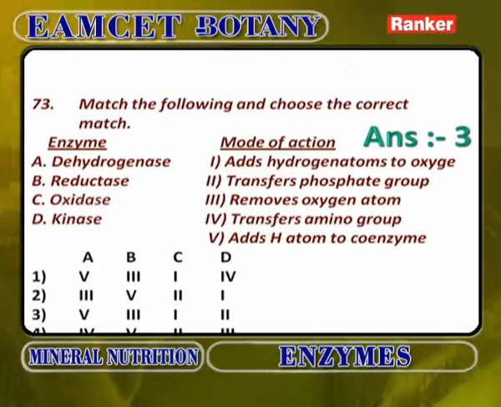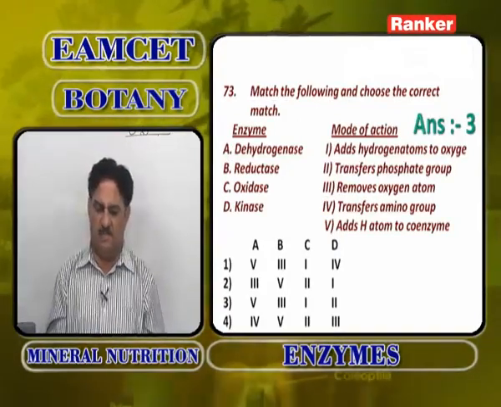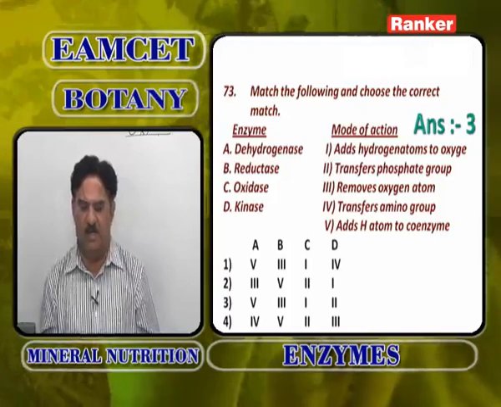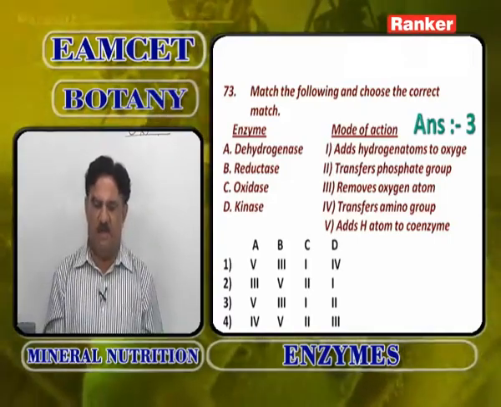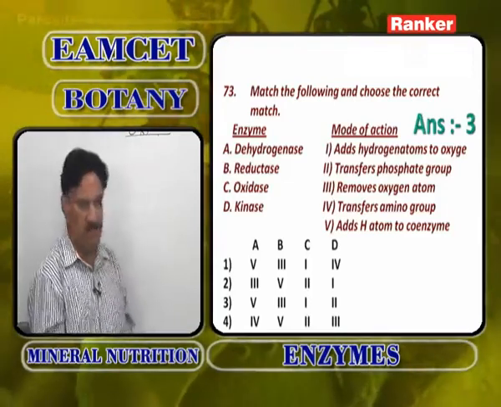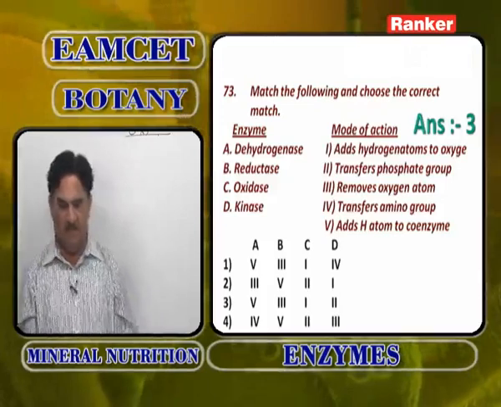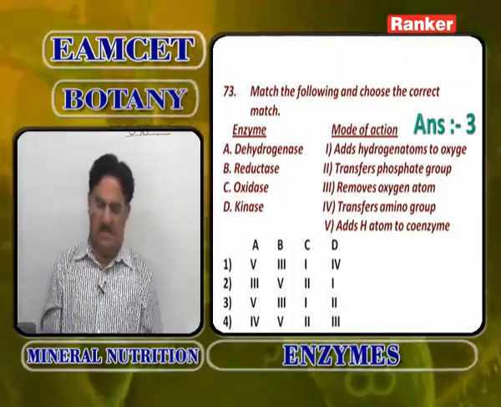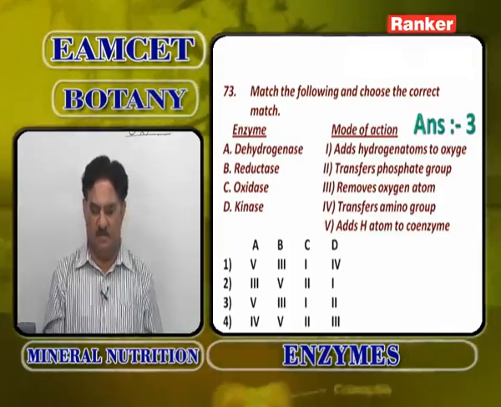Dehydrogenases, reductases, oxidases, kinases. Add hydrogen atoms to oxygen, transfer phosphate groups, remove oxygen atom, transfer amino group, add hydrogen to coenzyme. So dehydrogenation will be adding hydrogen to coenzyme. Just now I wrote malic acid converting into oxaloacetic acid. Reductases remove oxygen atom. They convert nitrates to nitrites by removing oxygen.